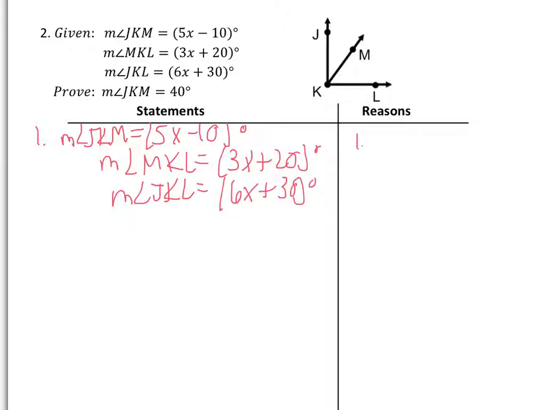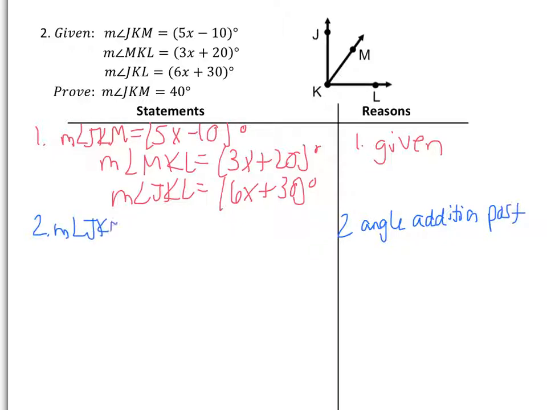Second step, we know we need to use the angle addition postulate. Okay, so we're going to do M angle JKM plus M angle MKL equals M angle JKL.